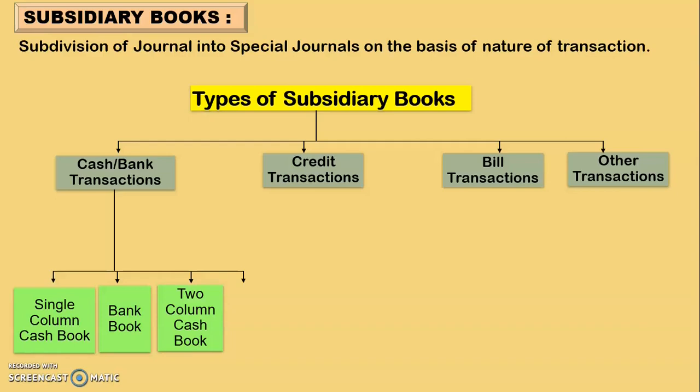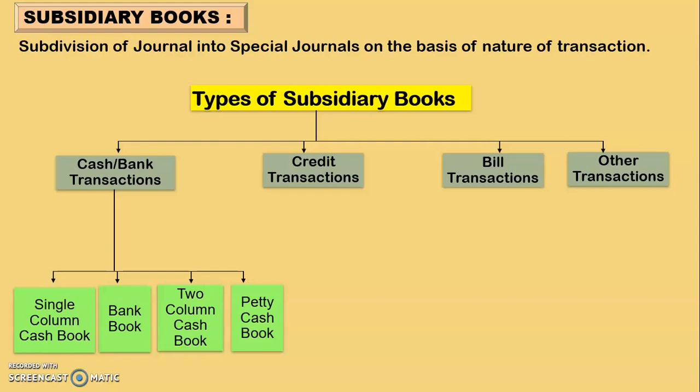Now in this two-column cash book, there will be two amount columns, one for cash transactions and the other amount column for bank transactions. Then a separate petty cash book is also maintained to record all the small expenses in the organization.